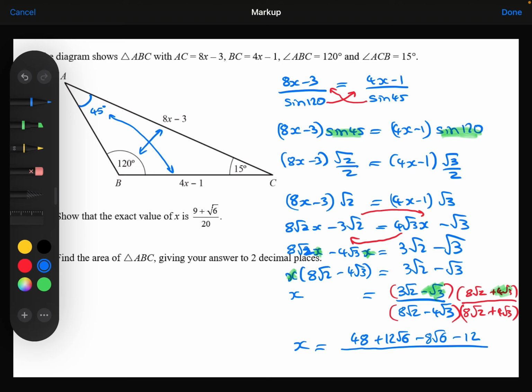On the denominator, we've got the 8 root 2 times the 8 root 2, which is the 8 times the 8 is 64, times by the root 2, so times by 2, is 128.